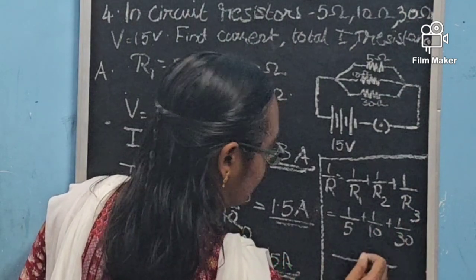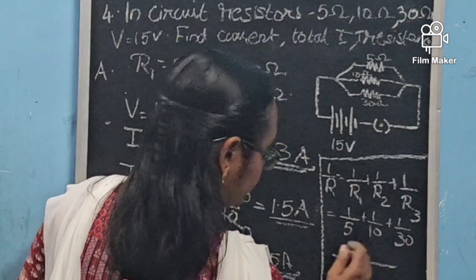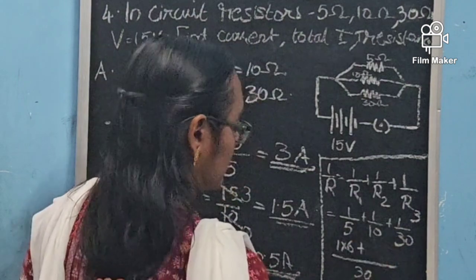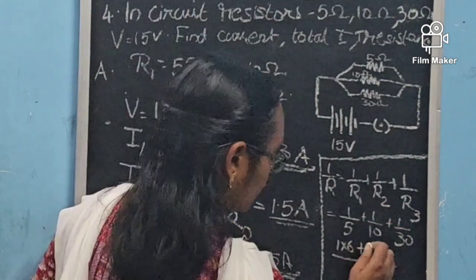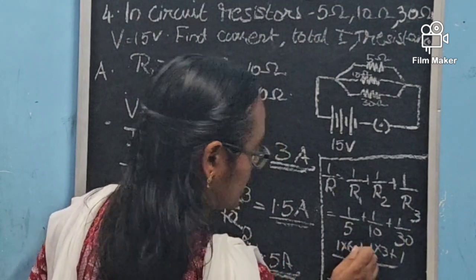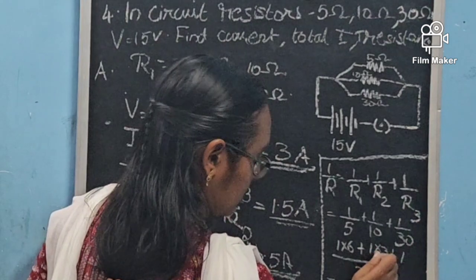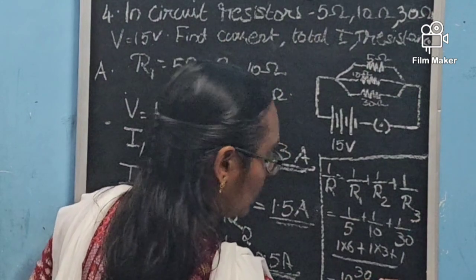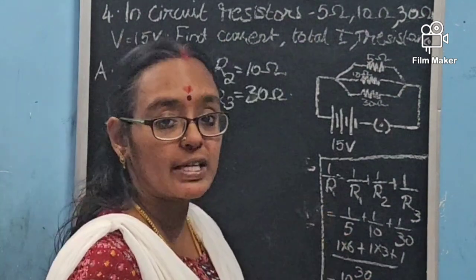So what is the LCM? 30. 1 into 6 plus 1 into 3 plus 1 is equal to 6, that is 10 by 30, is equal to 1 by 3. To this extent we have done.